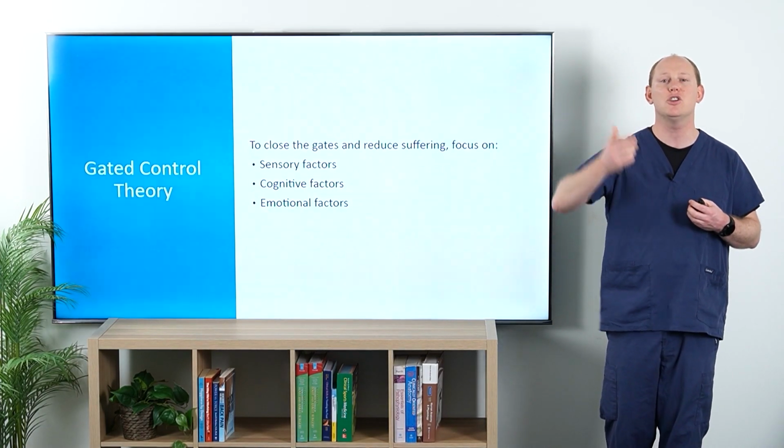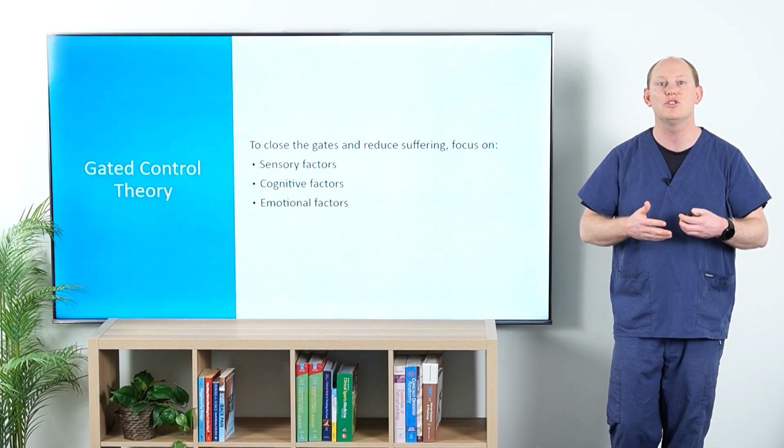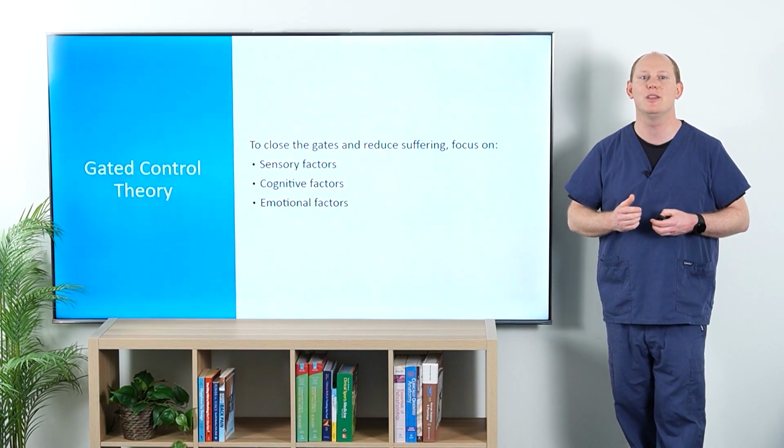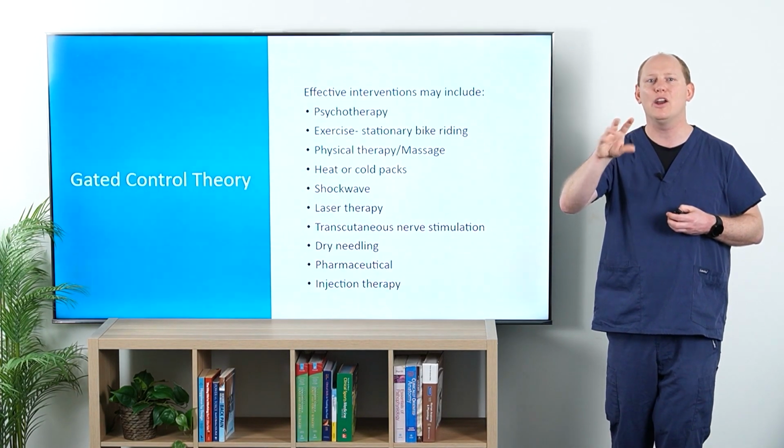Now, when we can focus on as many of these as possible and start having that multifactorial approach, we're going to be in a much better position with our pain longer term. And this is what we're talking about. How do we do that?